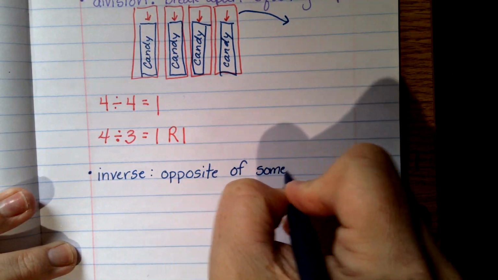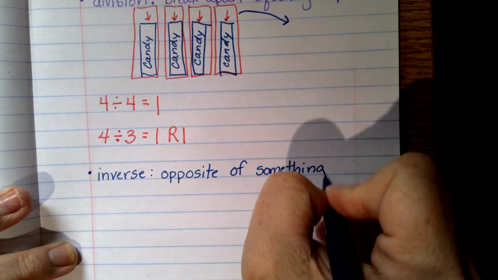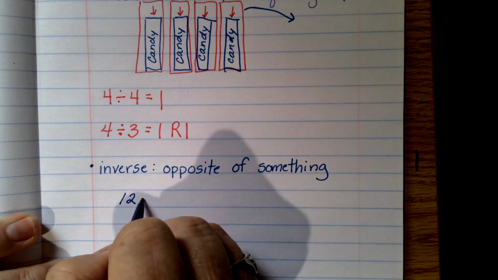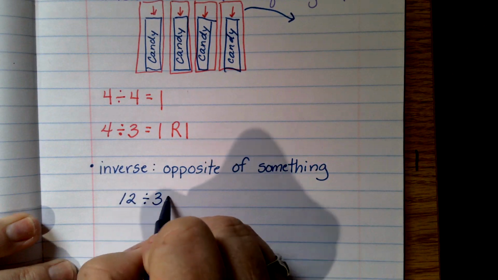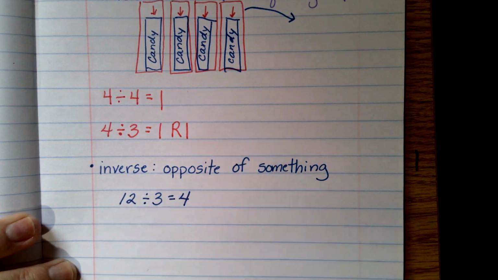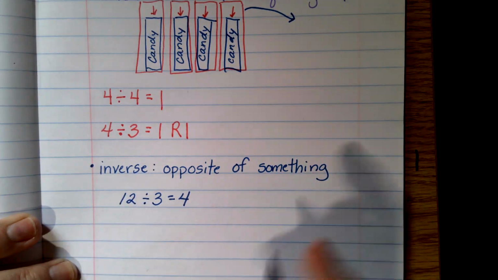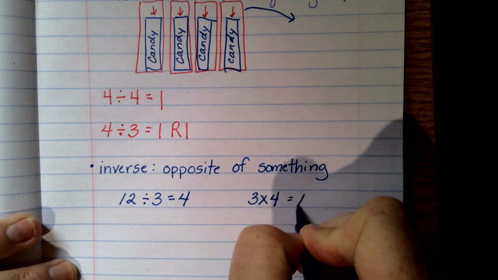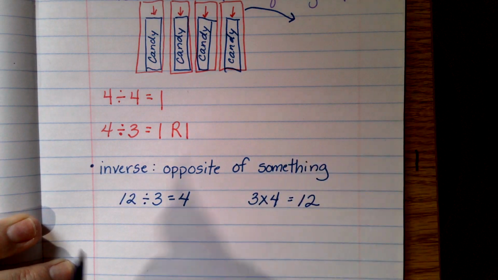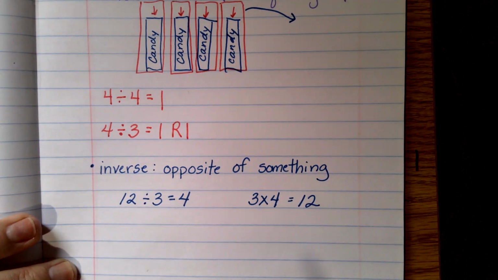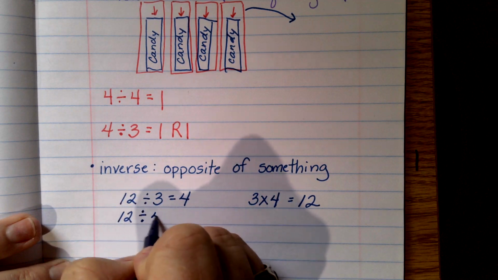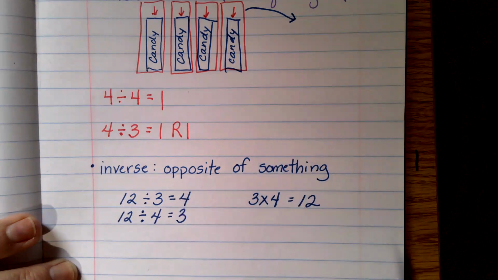When we talked about fact families, we talked about inverse operations. So when we look at 12 divided by 3 equals 4, we know that to undo that, we can multiply 3 times 4 to get 12. Multiplication and division are inverse operations. If we wanted to continue the fact family out, we could say 12 divided by 4 equals 3.